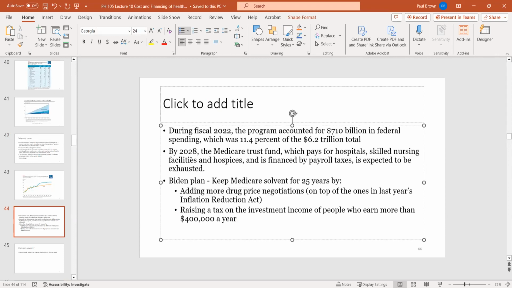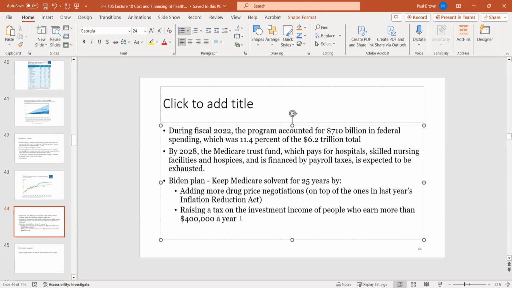He wanted to put in drug price negotiations and then a tax on investment income for people who earned over $400,000 a year. We'll talk on Thursday probably about what it means to negotiate drug prices. But the main thing they're going to do is put a Medicare-specific tax on people. So that is one way to do it, right?